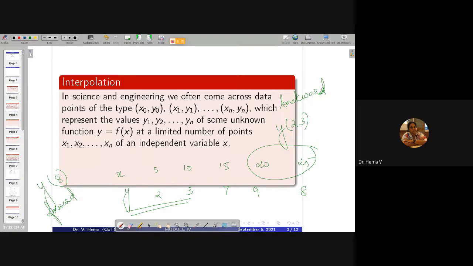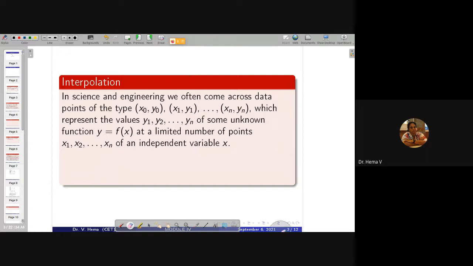Suppose you have certain values x0, y0, x1, y1, x2, y2, and so on up to xn, yn, representing values. So y0 is equal to f of x0, y1 is equal to f of x1, and it goes on like that. This is the relation connecting y and f of x.